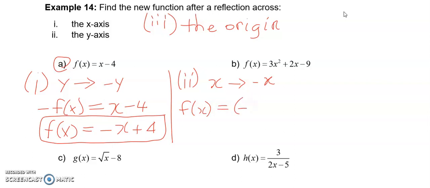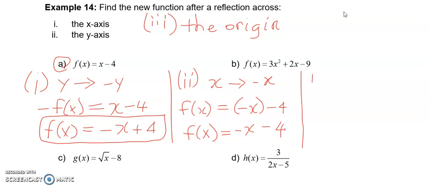The x comes out and gets replaced with negative x. Nothing happens to the minus 4, by the way. So here is the new function that you would get. Oops, that should be a minus there, sorry. Here's the new function that you would get if you reflected the original function through the y-axis.